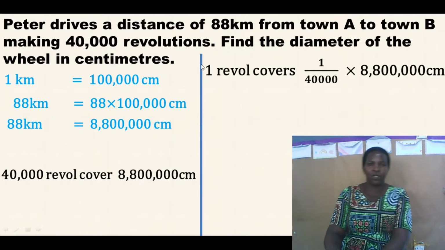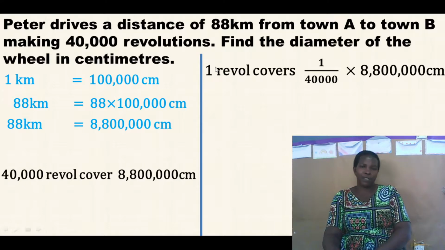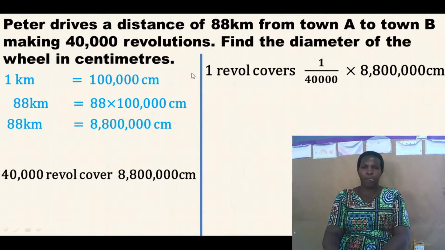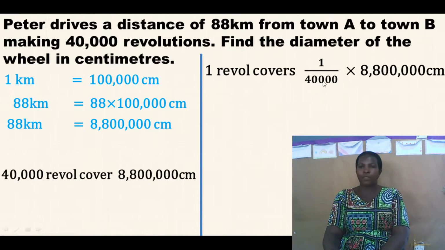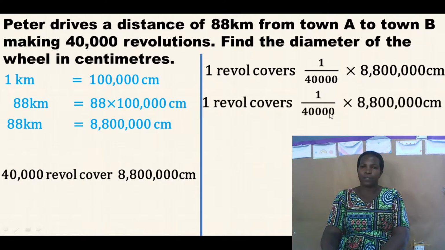Remember, one revolution is equal to circumference. That is the focus, that's why we are looking for one revolution. One revolution covers one out of the 40,000 times 8,800,000 centimeters.